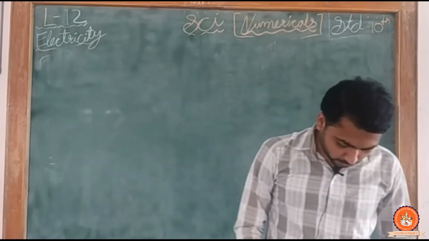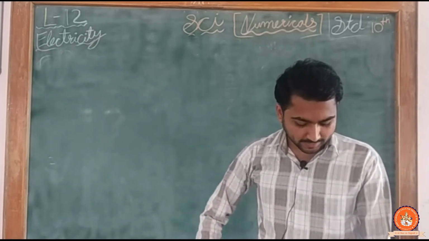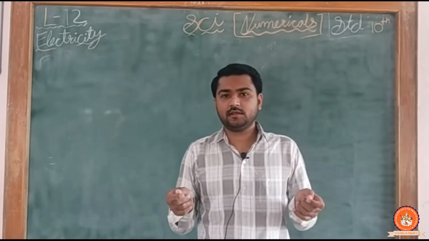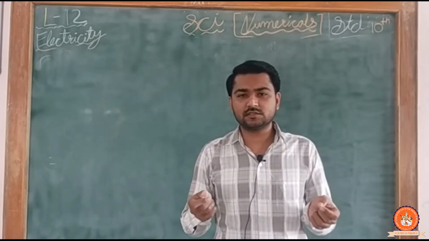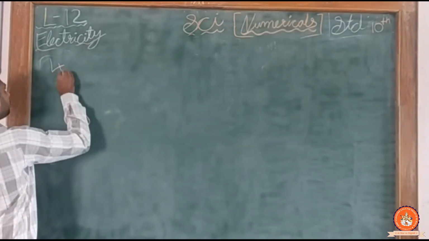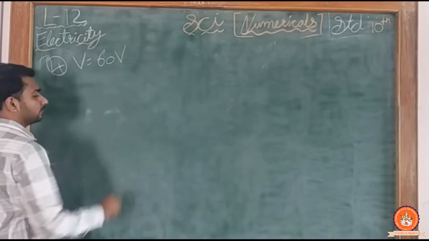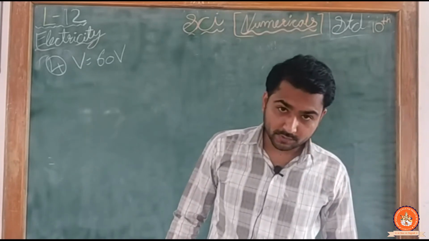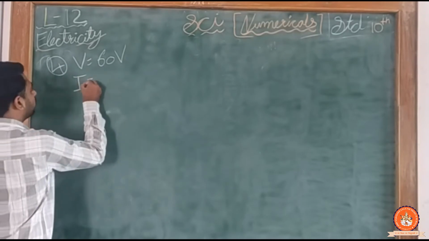Question 4 is: the potential difference between the terminals of an electric heater is 60 volt. For the electric heater, the potential difference is V equal to 60 volt. Okay? Then, when it draws a current of 4 ampere, we have to write the current of 4 ampere, I is equal to 4 ampere.